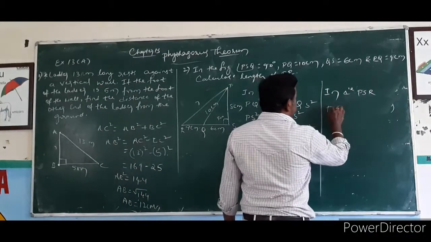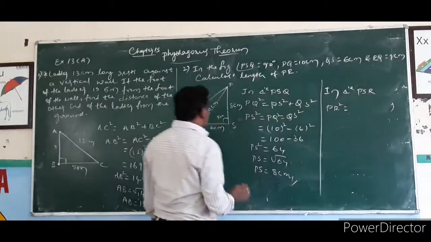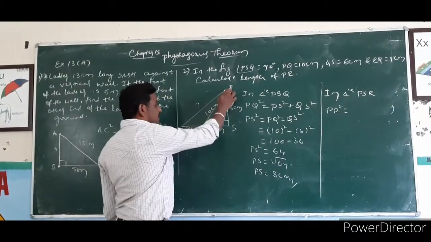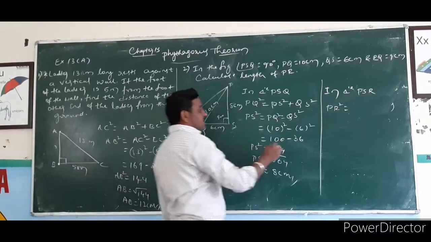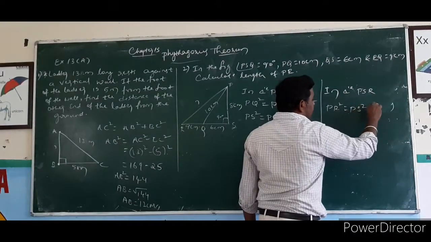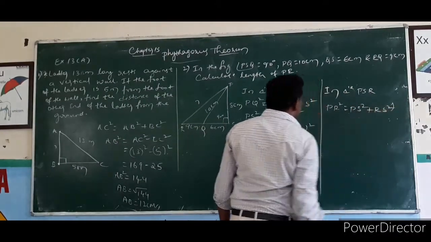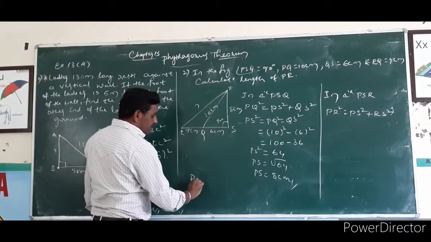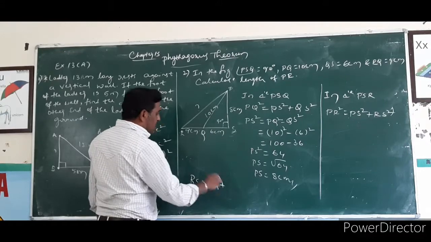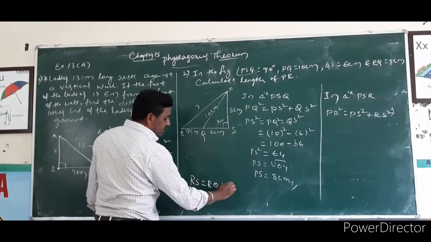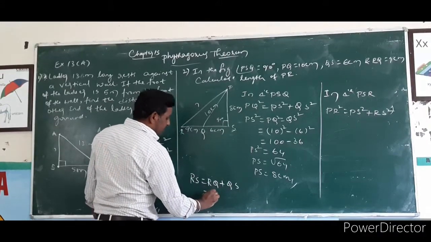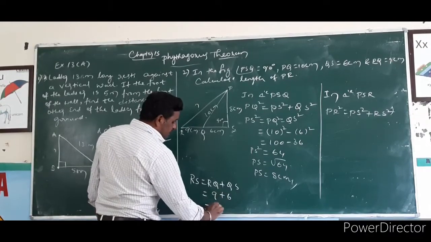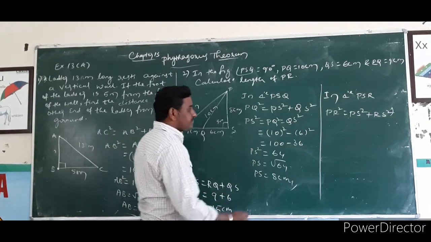PR square is equal to the other two sides of PSR, that is PS square plus RS square. We already found PS. RS means what? RS is equal to RQ plus QS, that is 9 plus 6, that is 15 centimeter.